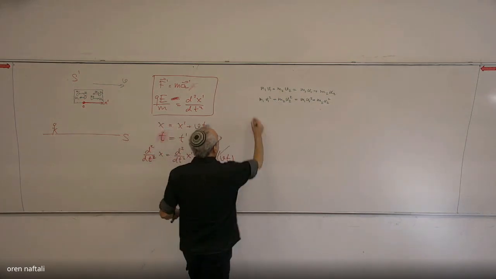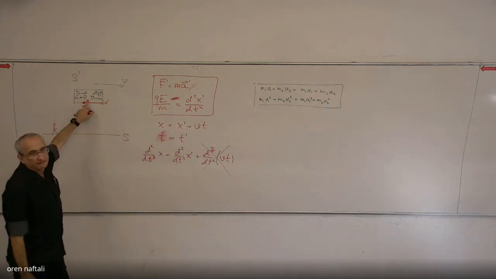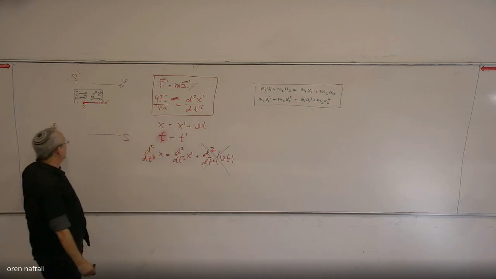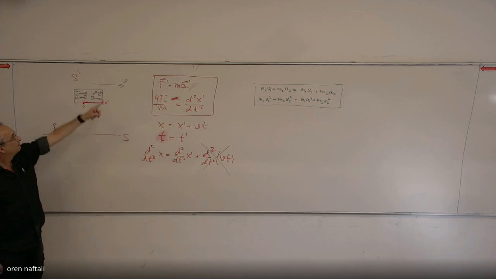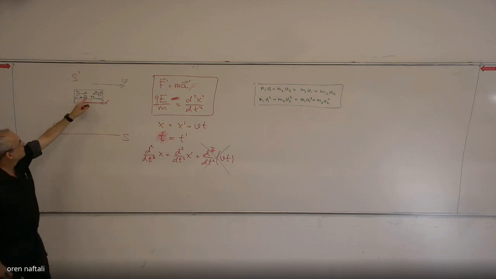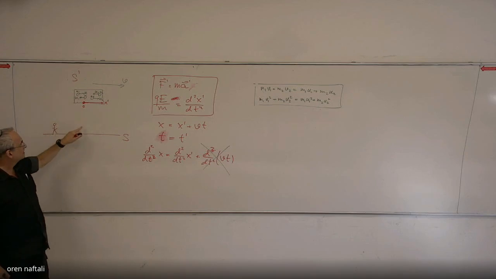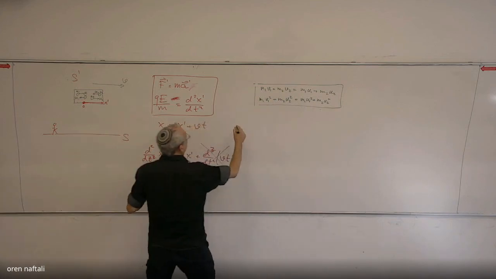And now this is a description of the experiment in the moving frame S prime. Now for the guy in S, we have to add V to all these velocities, where V is the relative velocity between the two inertial frameworks. So let's write it now.